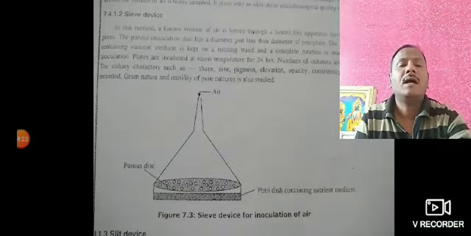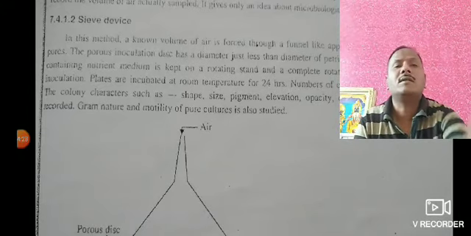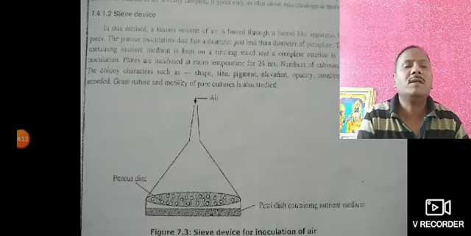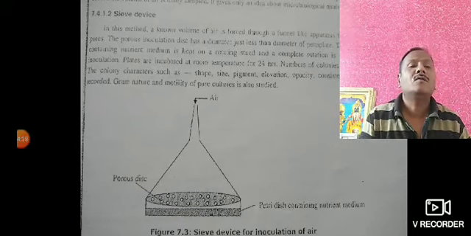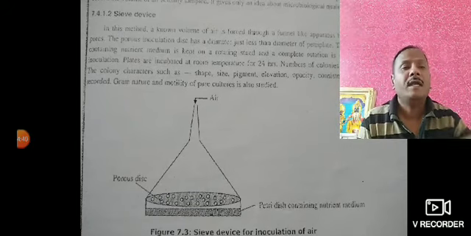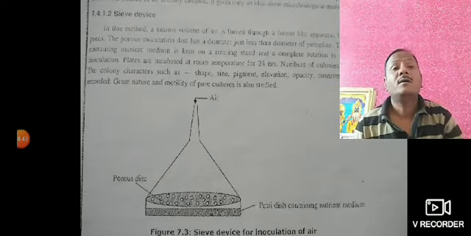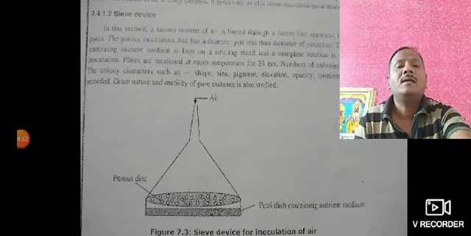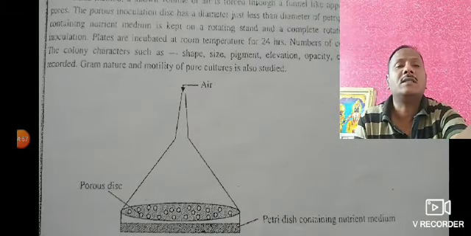After that, the next method is called the sieve device method. In this method, you have to take a funnel and keep it in the opposite direction on the nutrient agar plate, and then you pressure the air through the upper side.